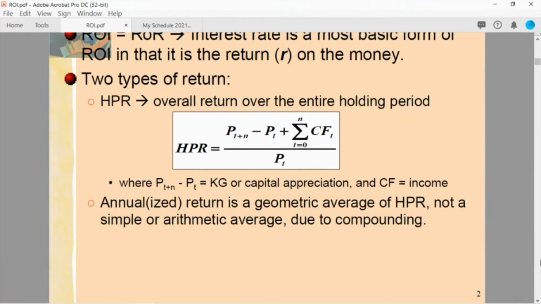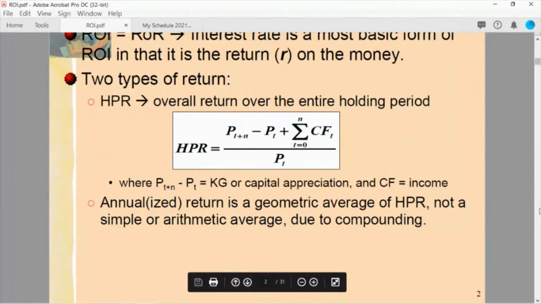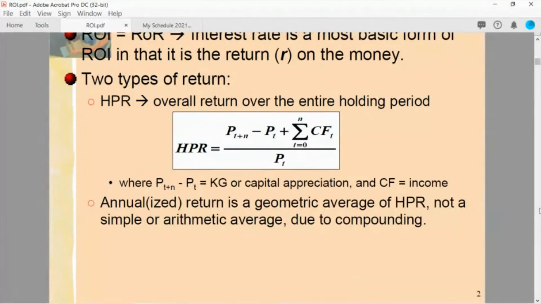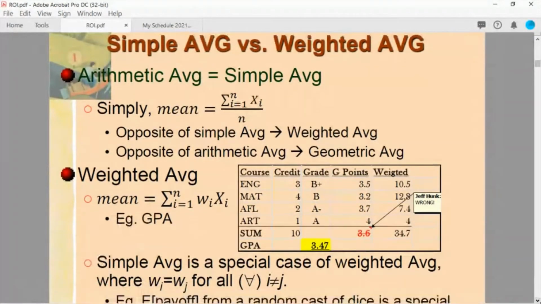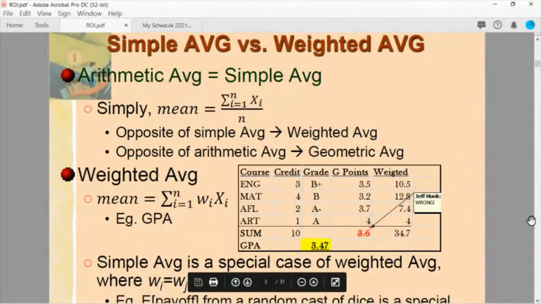Because anything that grows over time has compounding built into it. So when there is compounding going on, you can't use a simple average. So let's go to the concept of a simple average versus a weighted average and geometric average.